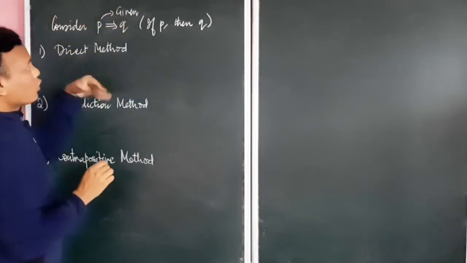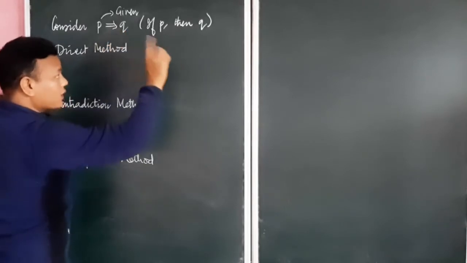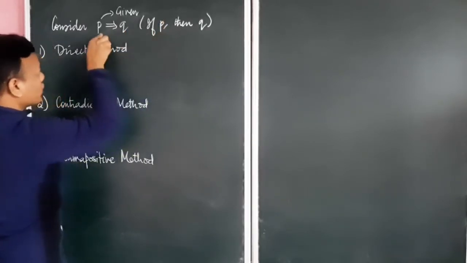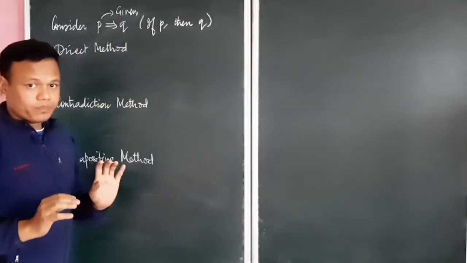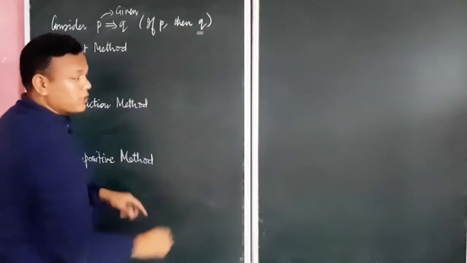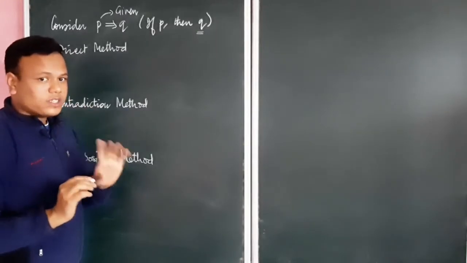So what do you need to prove? You need to prove Q. There are two statements here, and whichever comes in front is already given to you, and Q is the statement that needs to be proved. That's what we need to remember all the time.